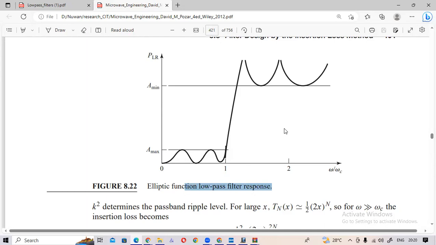What we have seen there is like this: up to here it is 0, up to here it has a value 1, then it is 0. But here it is vice versa. What happened here? Previously we considered the gain, but this is a loss. For a filter function, here he considers the loss, so the response is vice versa. Is it clear?